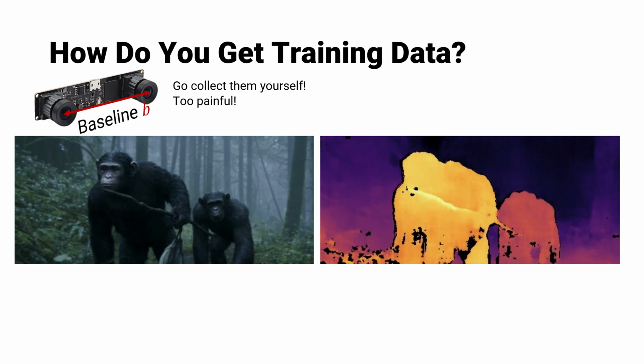The answer is yes, because we have a lot of 3D movies which have been made over the years. So what we want to do is get data from 3D movies. But the first question is, how do we know the baseline for this 3D movie, right?